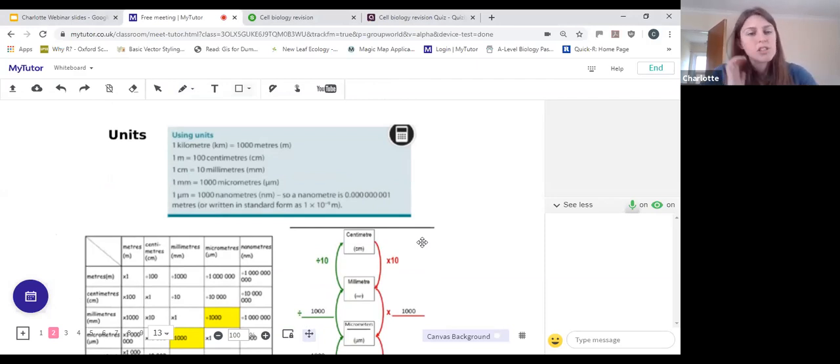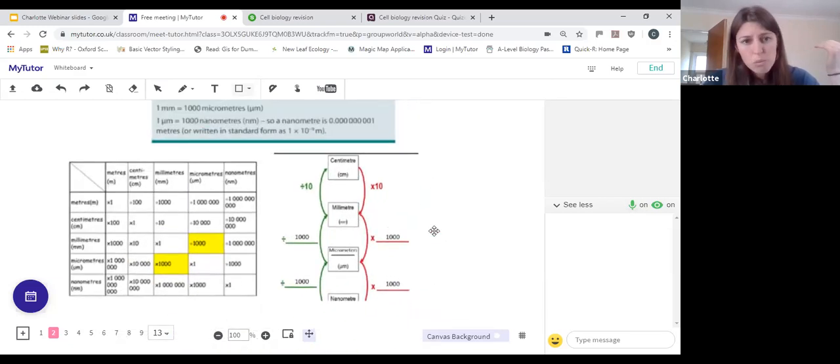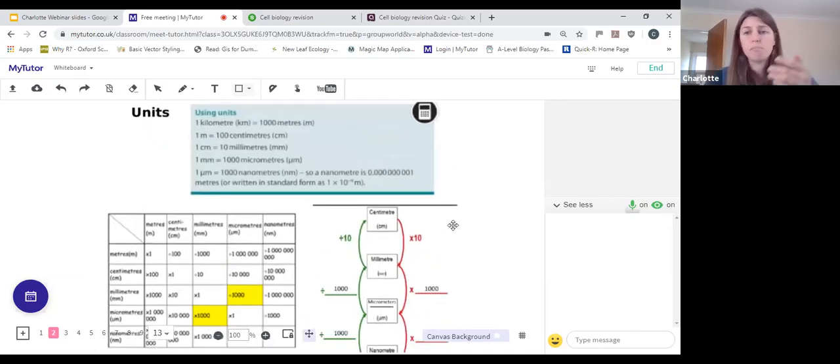And what I wanted to do today is to talk you through how each of those increments of distance fit in together. And I've got some handy diagrams for you as well, which you're welcome to take off the screen, or you can find them by doing a quick Google search or going to BBC Bitesize as well. I think they have some on there.